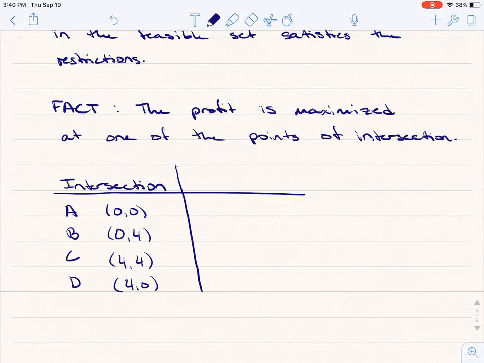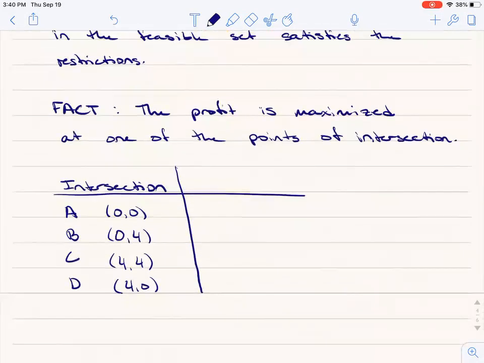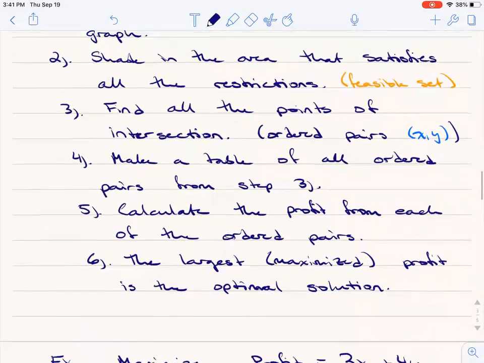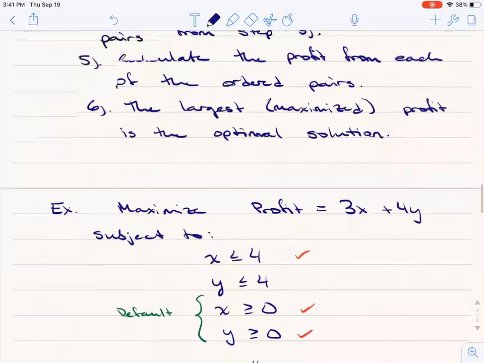Okay. So now we've made a table of all the points of intersection and the ordered pairs. Next thing we're going to do is calculate the profit from each of the ordered pairs. This is the first time that the profit function actually comes back into play.